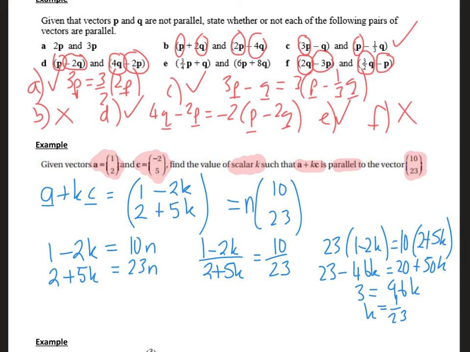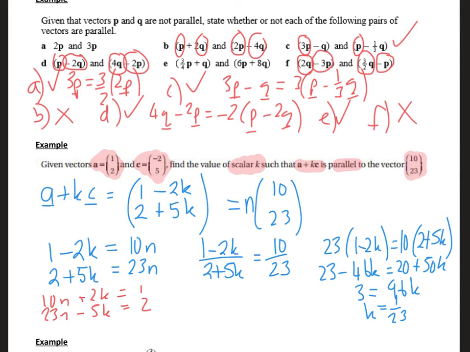Yeah, you could always solve it using simultaneous equations. If you want to use a calculator, you need to get it written in the form where it looks like 10n plus 2k equals 1 and 23n minus 5k equals 2, because you need the letters all on one side.